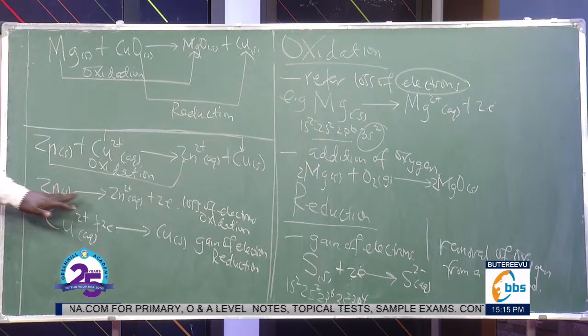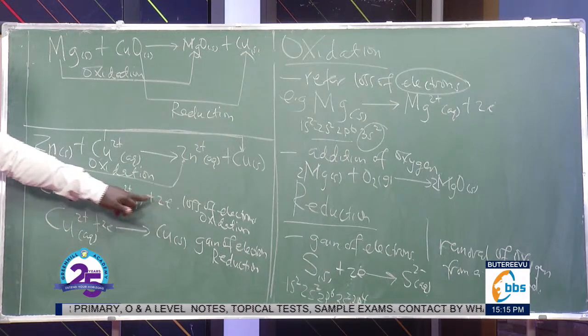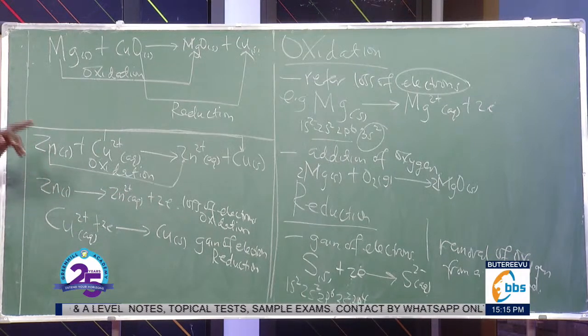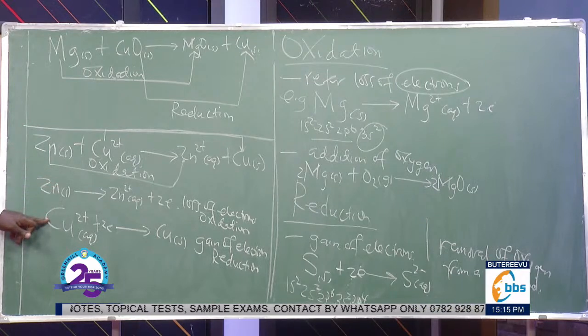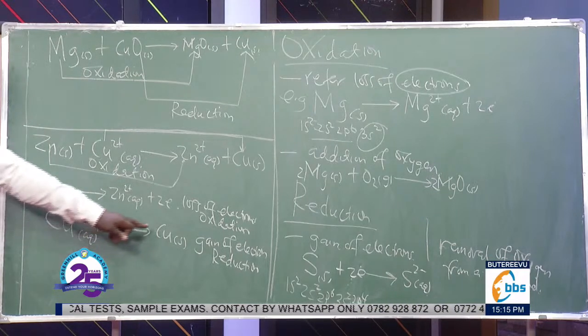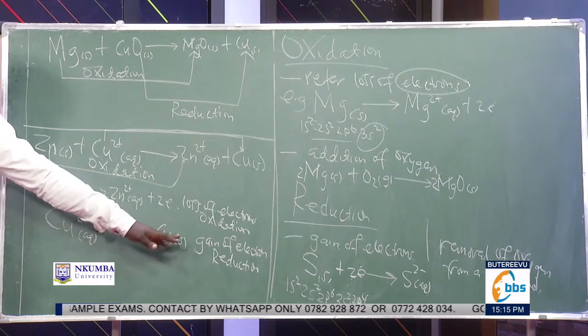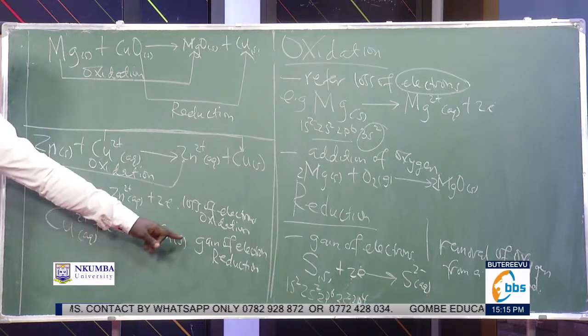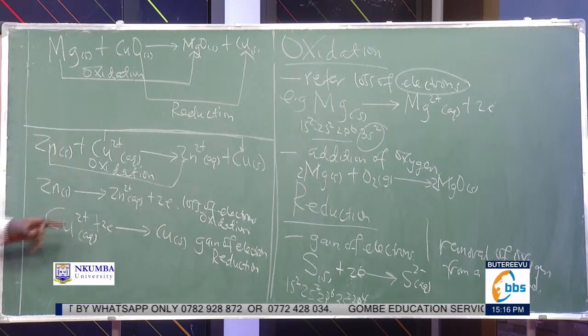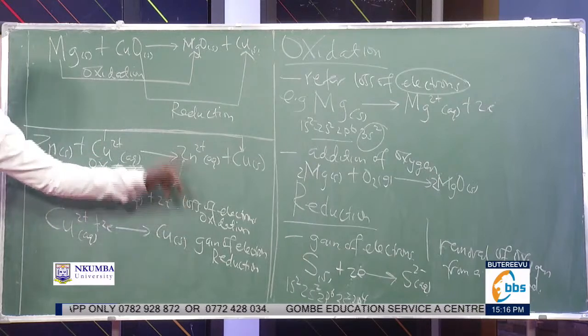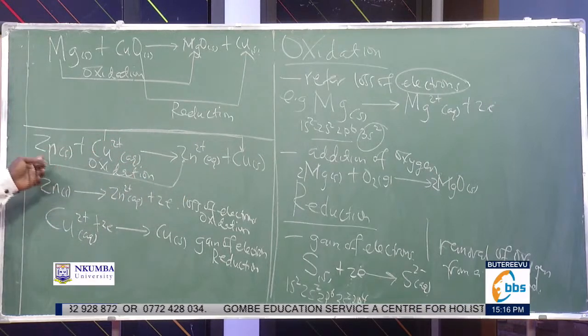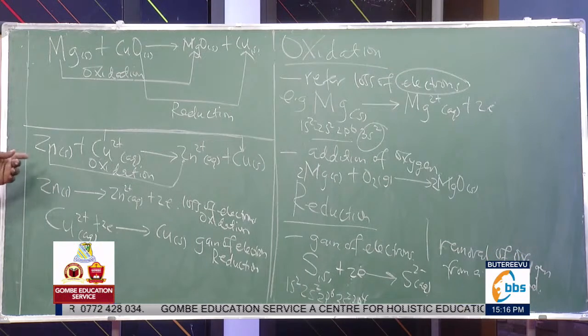With oxidation, we lose the electrons. At the same time, the copper 2 ions acquire 2 electrons to form copper solid. This is gain of electrons, which is reduction. So when you have both oxidation and reduction taking place in the same equation, that reaction is called redox reaction. Good.